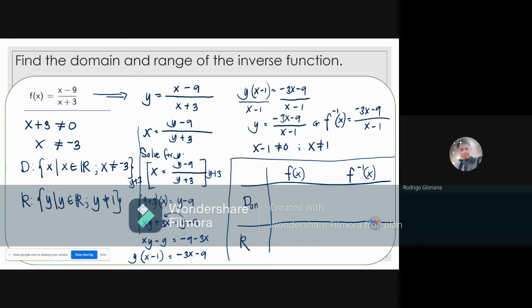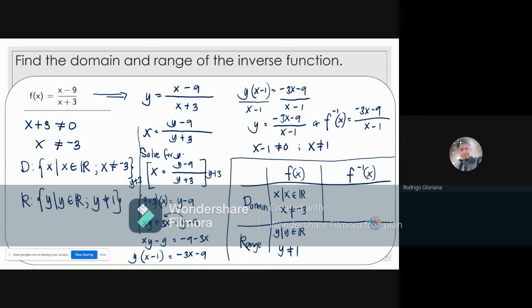For the domain, x such that x is an element of real number wherein x is not equal to negative 3. Yung range ng function, y such that y is an element of real number wherein y is not equal to 1.